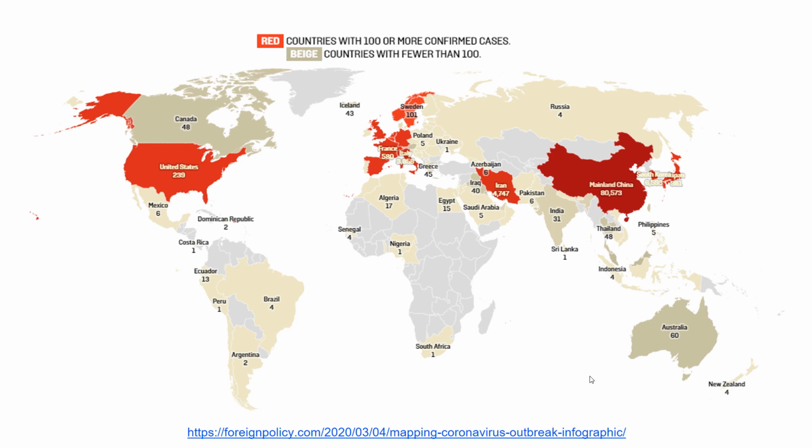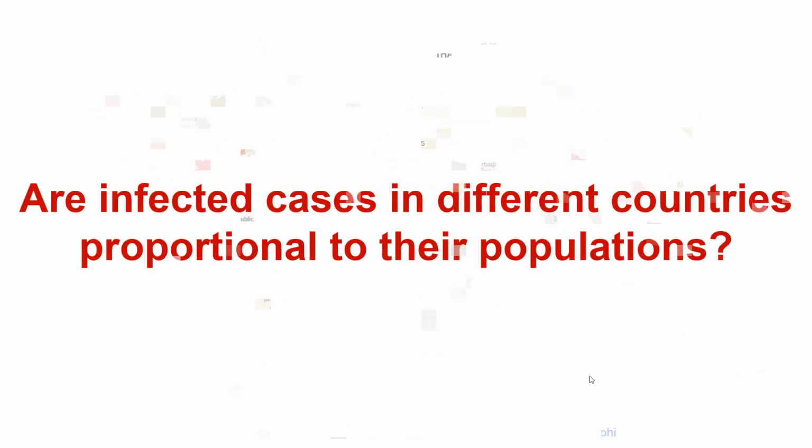One of the questions that data scientists can answer regarding coronavirus is this one: are infected cases in different countries proportional to their populations? What is the meaning of this question? Is the number of infected people proportional or related to the population?